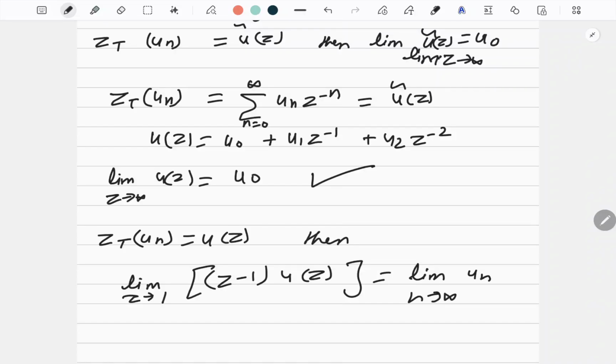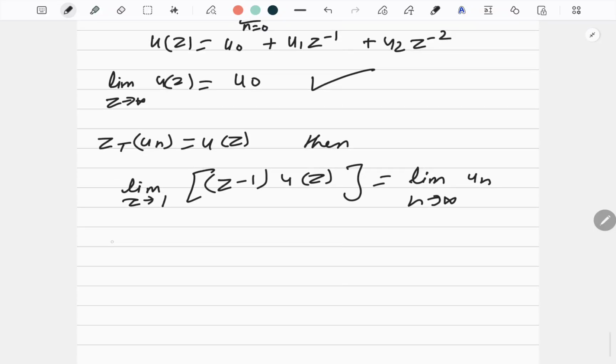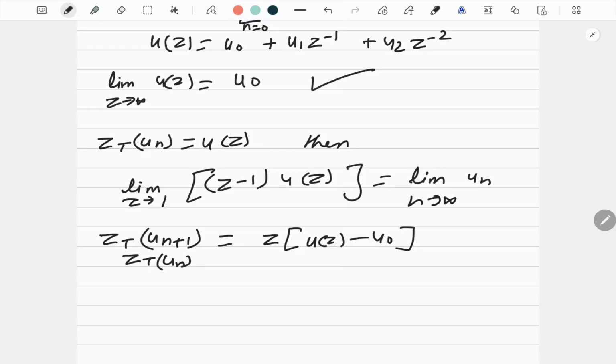Okay, so now let us start solving this. Now we know what is the z transform of un plus 1. Z transform of un plus 1 will be equal to z uz minus z u0. And z transform of un is what? It is uz. Correct?